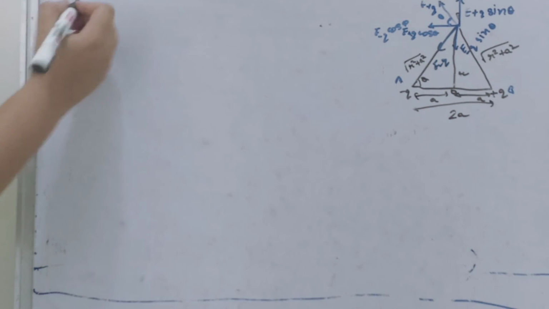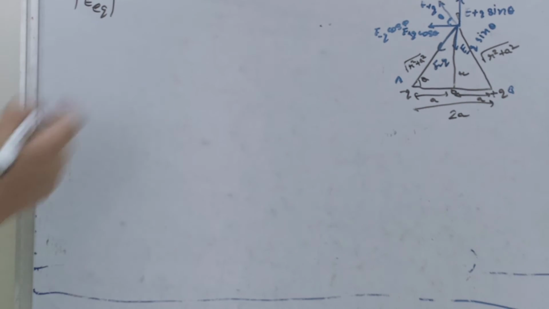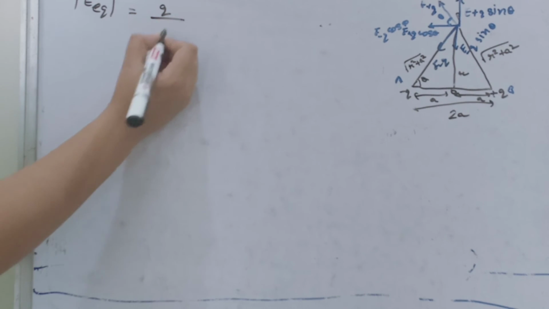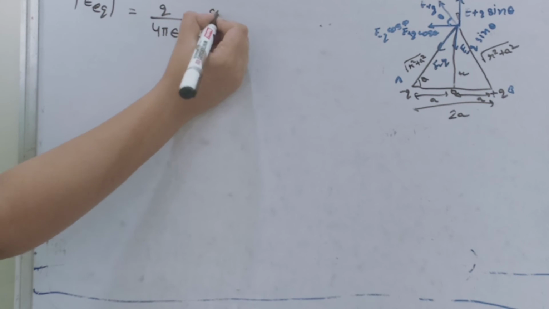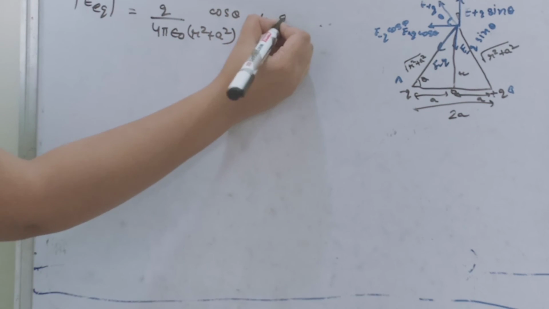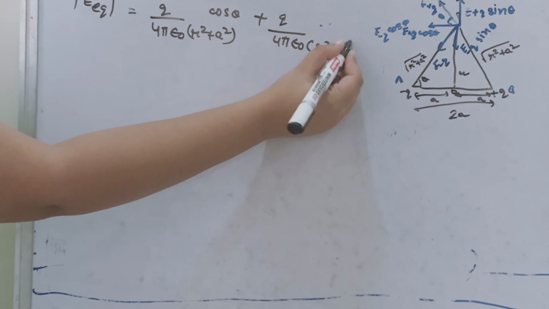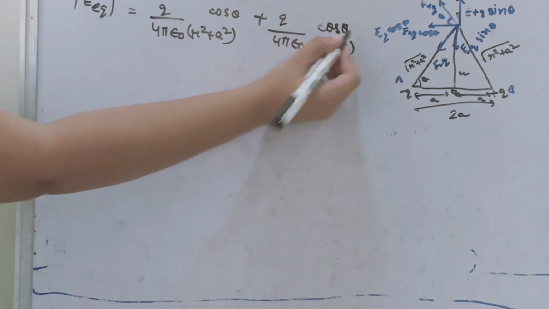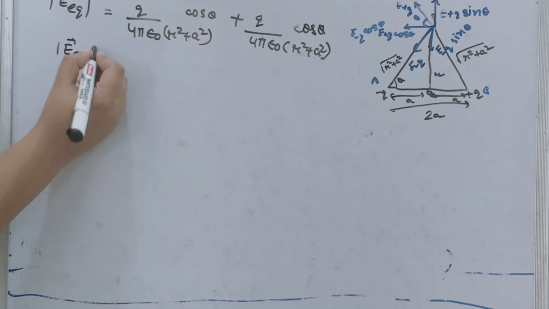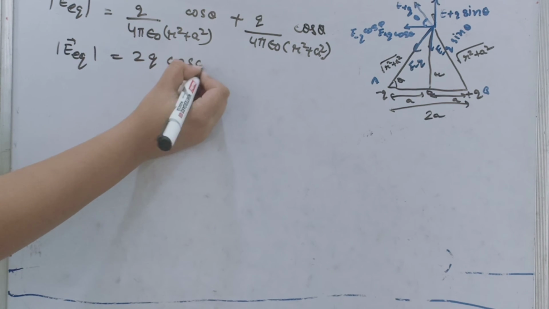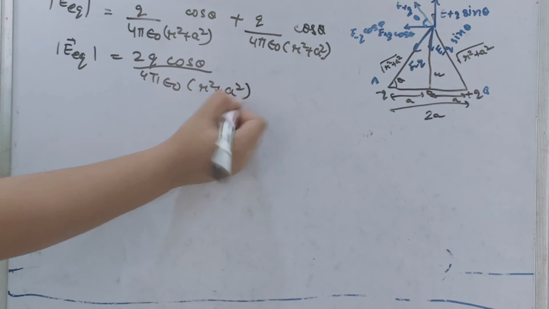So now, magnitude of equatorial electric field will become magnitude of E plus q, that is this one, into cos theta plus magnitude of electric field due to minus q into cos theta. Fine. And this is nothing but 2q cos theta upon 4 pi epsilon naught (r square plus a square).